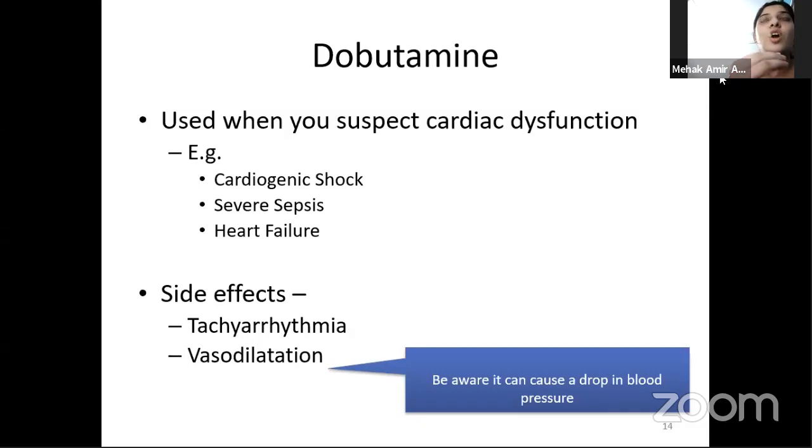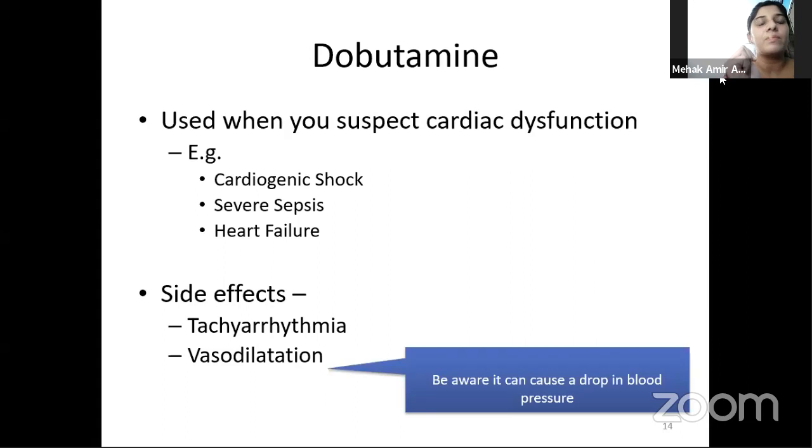So you need to be very cautious and keep an eye on the monitor when you're running a dobutamine infusion. If the patient gets hypertensive, you need to stop dobutamine and report it immediately. As with all the vasopressors, it has tachyarrhythmias, and vasodilation, obviously.